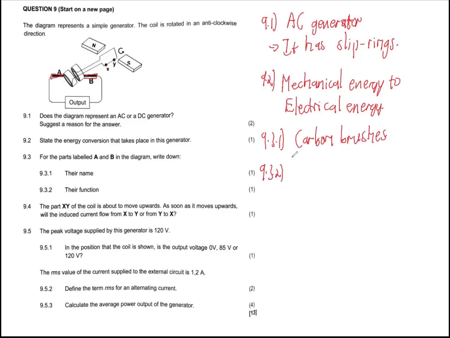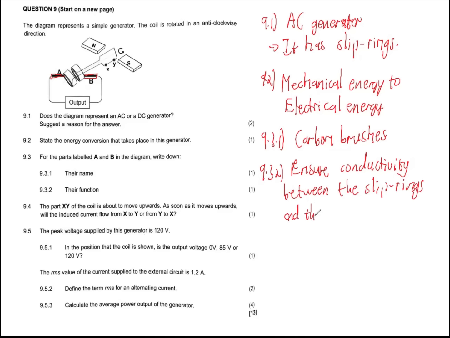The carbon brushes ensure conductivity between the slip rings and the external circuit. Right. So this is a very simple topic, guys. You just have to collect marks like that.